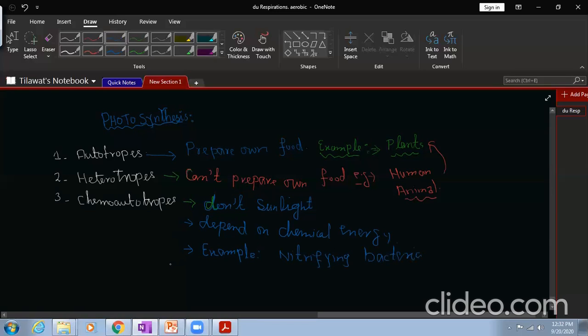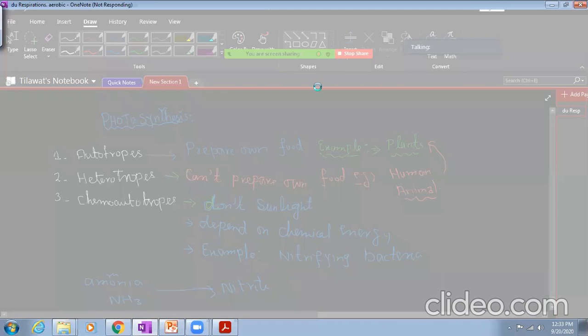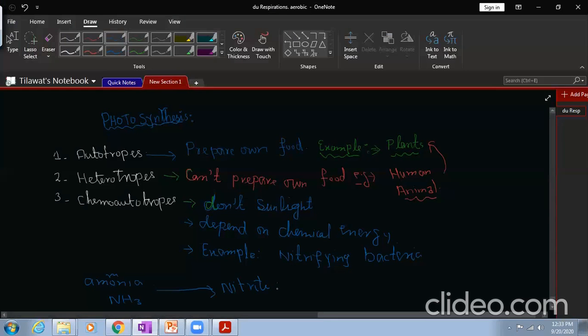These bacteria are converting what? Ammonia into what? Formula for ammonia is NH3. Okay, then nitrite, that is NO2, right?